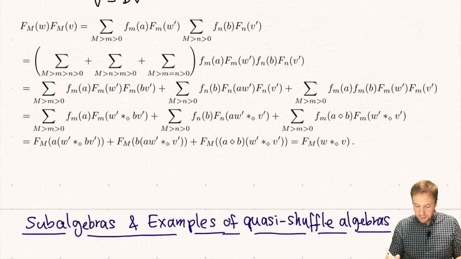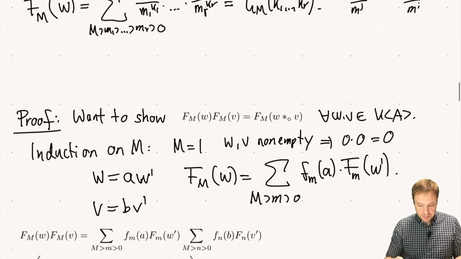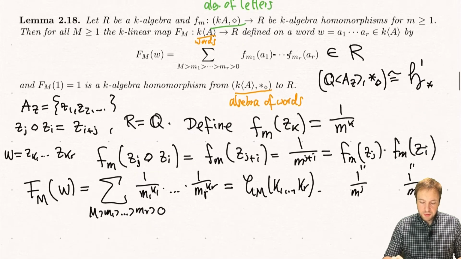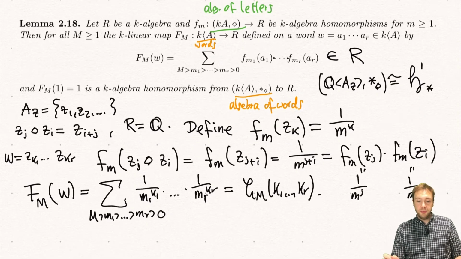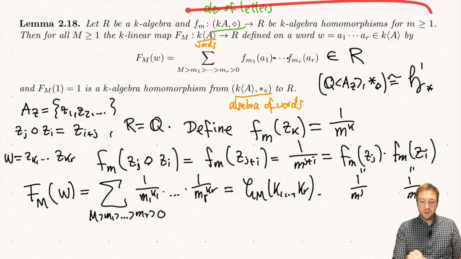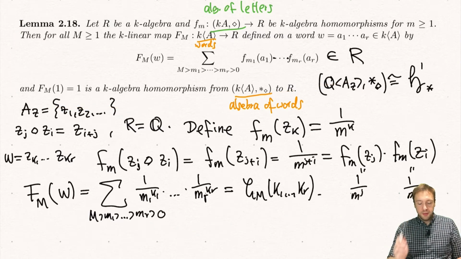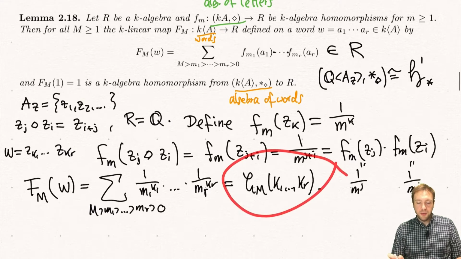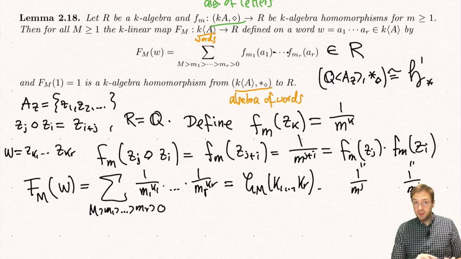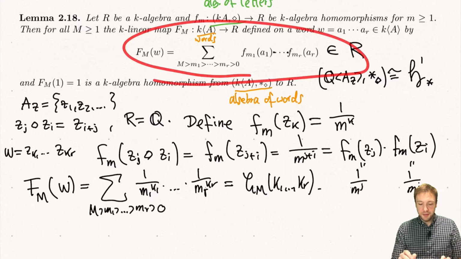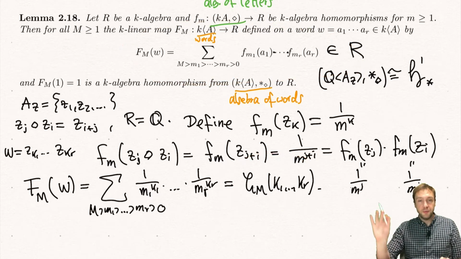Okay, so now we want to do some examples and then use this lemma. So here we already have one example with these multiple zeta values. This lemma in particular shows that the space of multiple zeta values, the Q vector space, is an algebra, because this makes sense for these truncated and sending m to infinity.